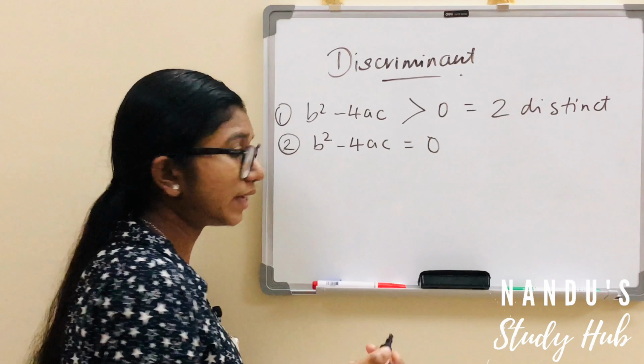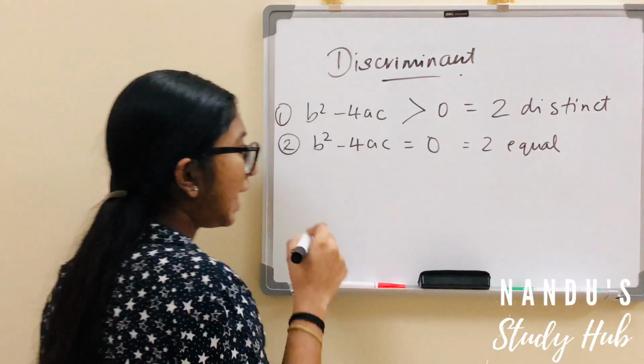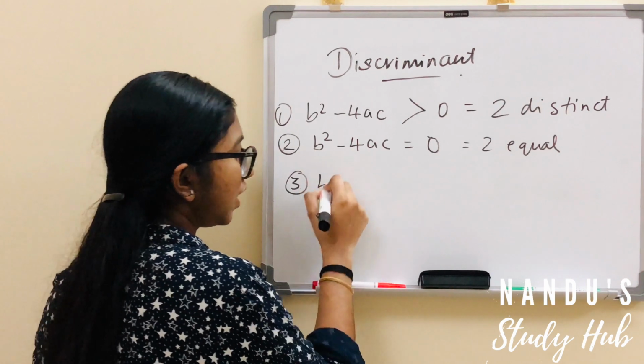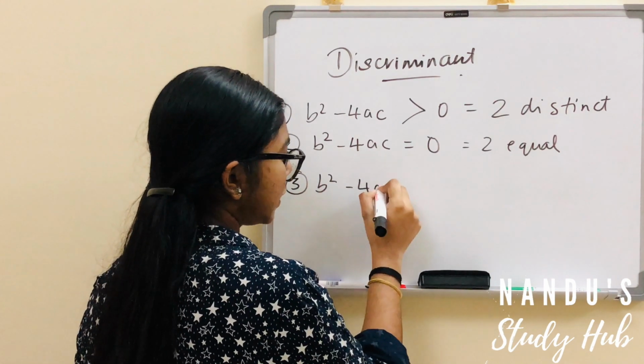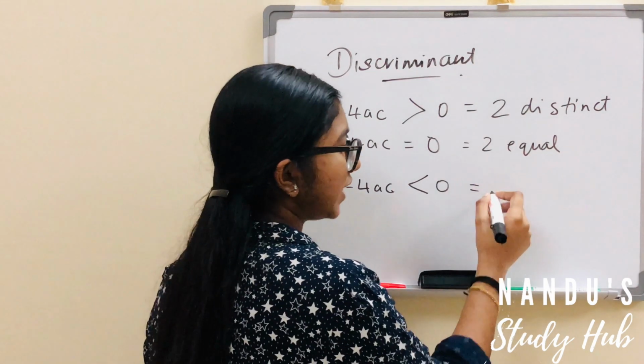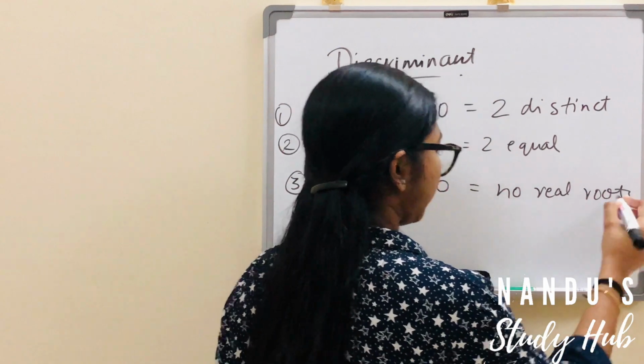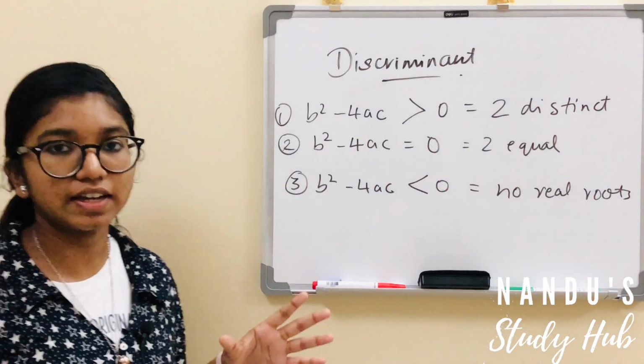When it is equal to 0, you get two equal real roots. And in the third case, when the discriminant b square minus 4ac is less than 0, you get no real roots. So these are the three natures of roots.